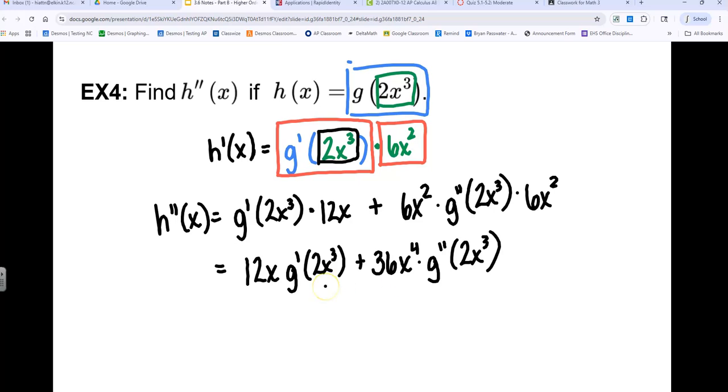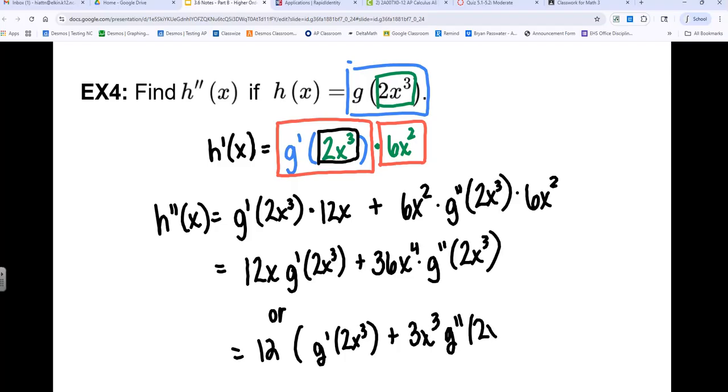So you would have to keep those separate. It would be okay here to take the 12x out, so you'd have g prime of 2x to the third plus 3x to the third g double prime of 2x to the third. That's as far as you could go. You can't take one of the primes out. That doesn't work the same.